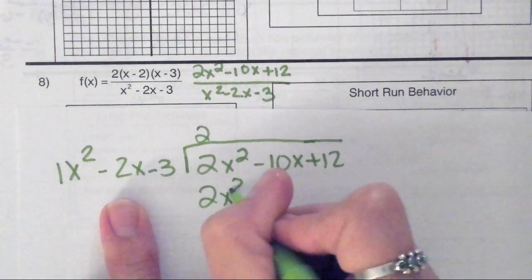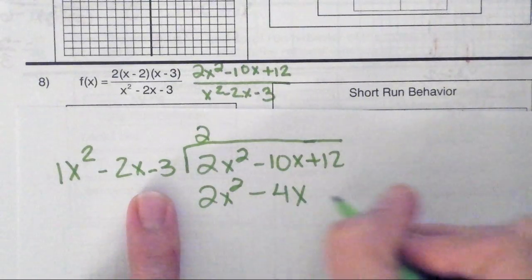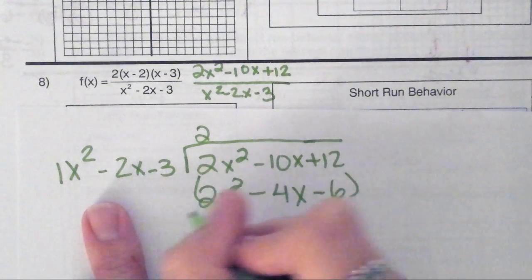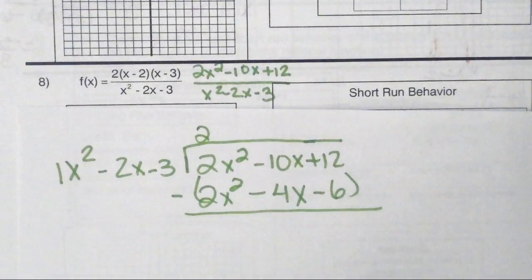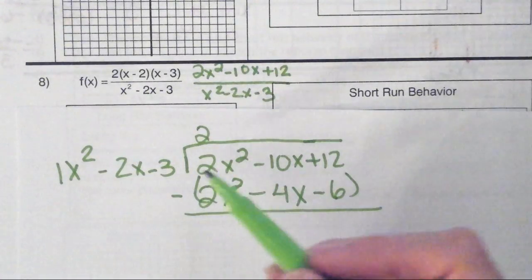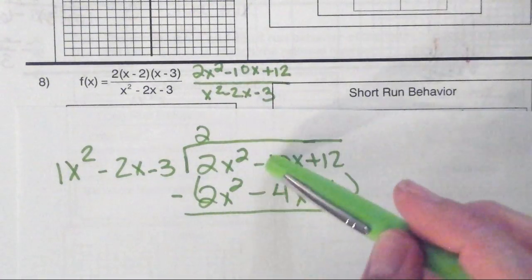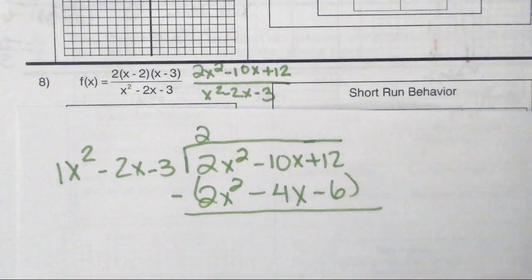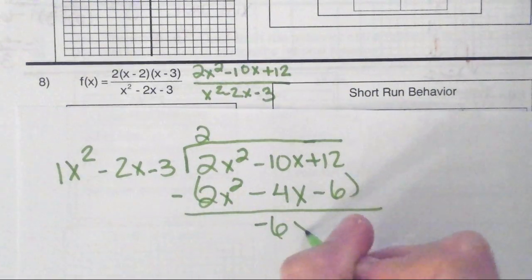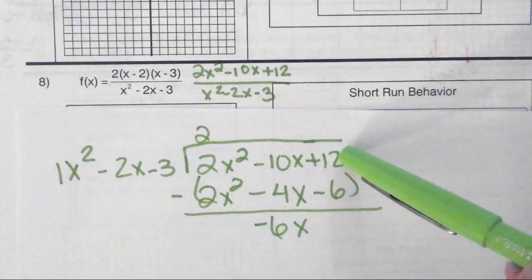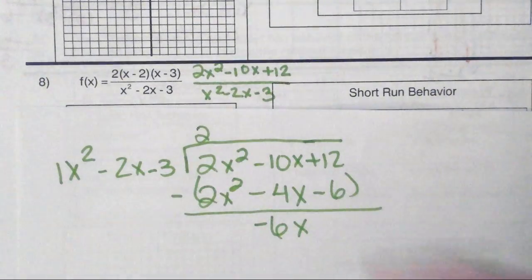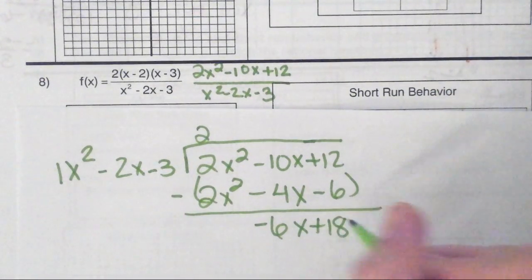So I get 2x squared minus 4x minus 6, and then I subtract. When I subtract, the 2x squareds go away. Negative 10 minus a negative 4 is negative 6x. 12 minus a negative 6 is positive 18.